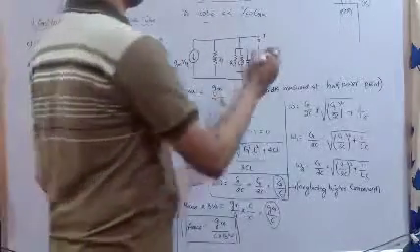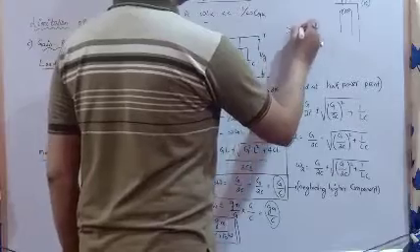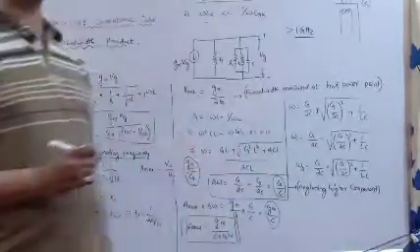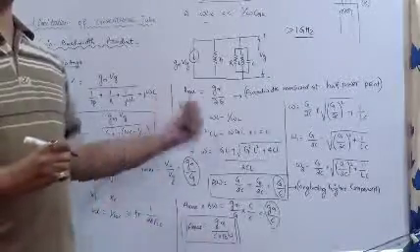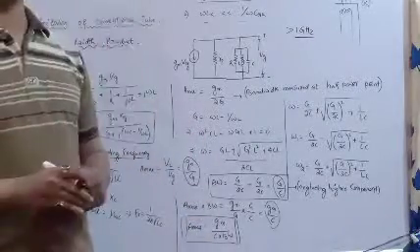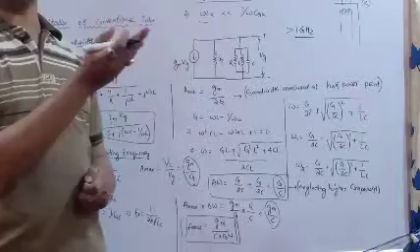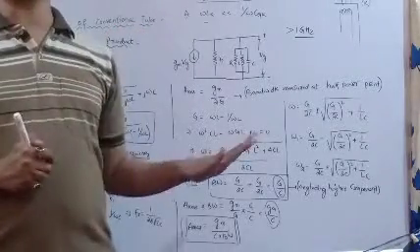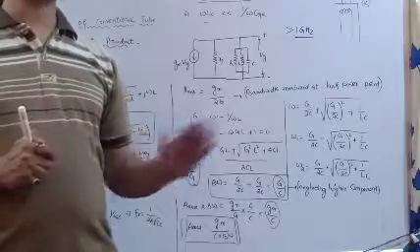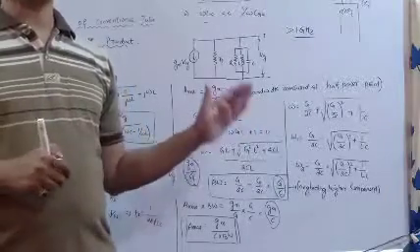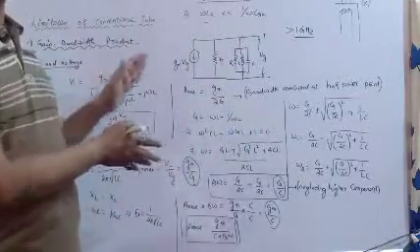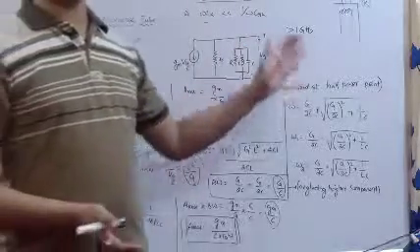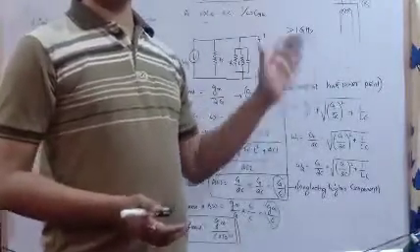So if my bandwidth is greater than 1 gigahertz, the voltage gain of this particular device is very low. So for a frequency greater than 1 gigahertz, it cannot amplify. It cannot work as an amplifier. So this is the limitation of a conventional tube, why it is not operating beyond 1 gigahertz.